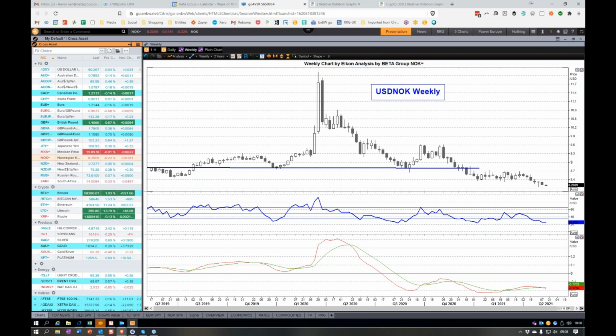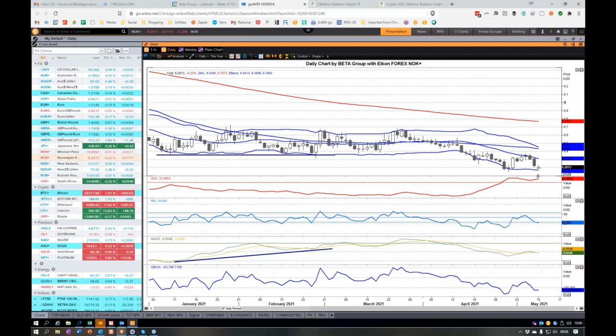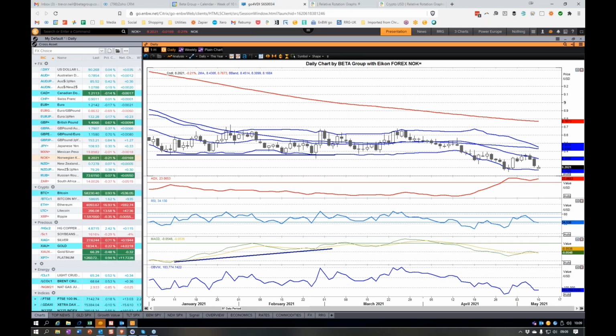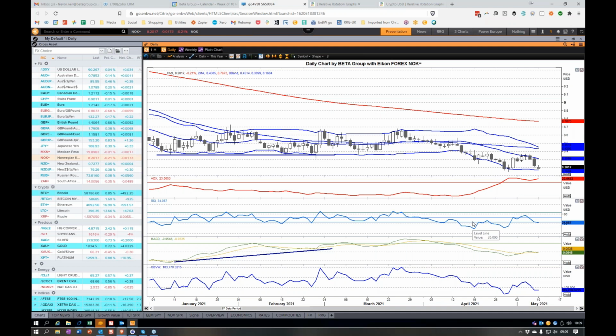The weekly MACD is negative, the RSI is pointing downwards. The ADX is rising, so the downtrend is strengthening. The RSI is weak, it's gone down below 35, and that's because the market's going down there.